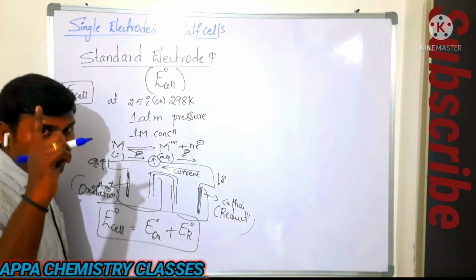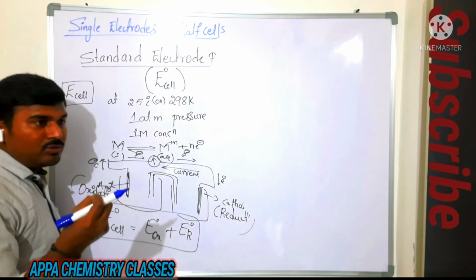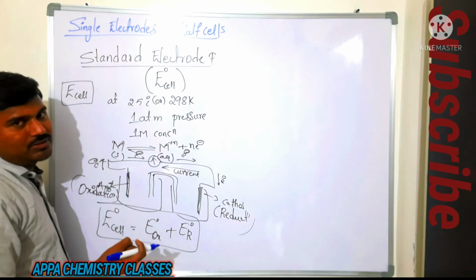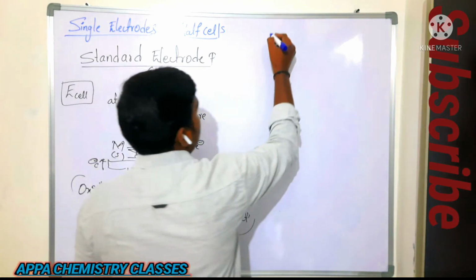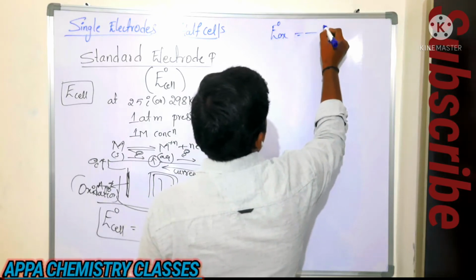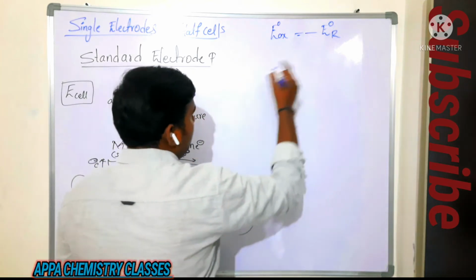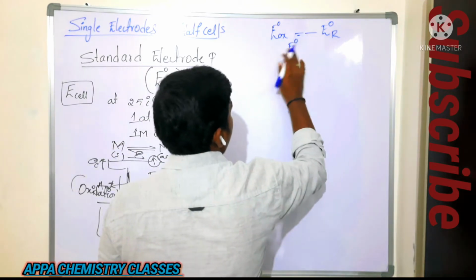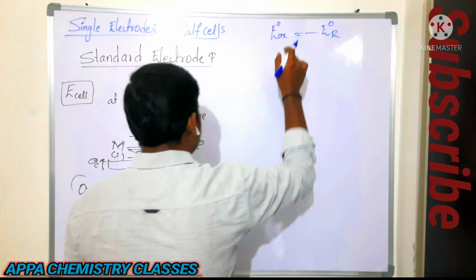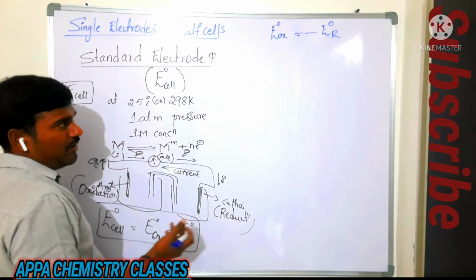But IUPAC said that we should always consider the reduction potentials. If you are taking the reduction potential, we know that oxidation potential is equal to minus of reduction potential. So in place of oxidation potential, you can convert into reduction potential. Both have the same value.